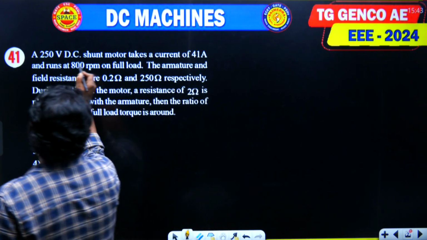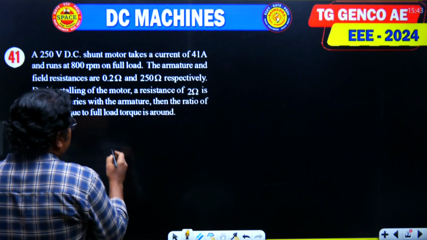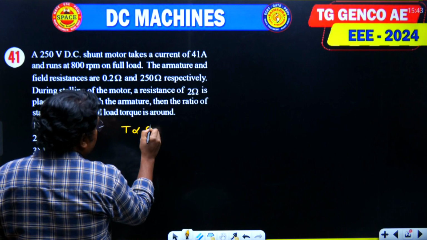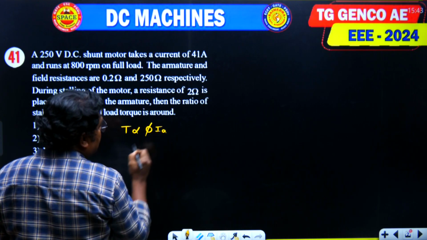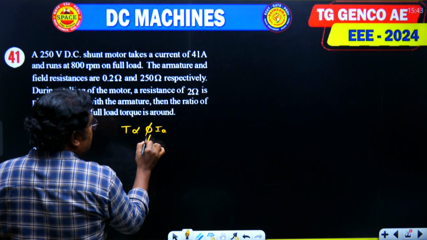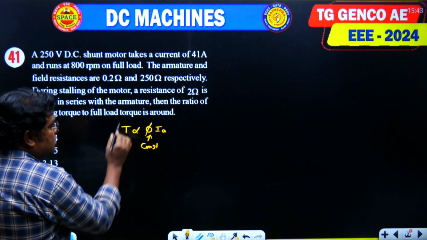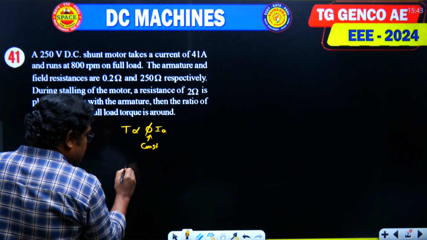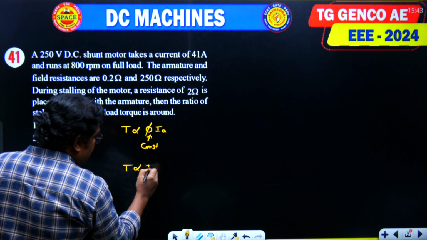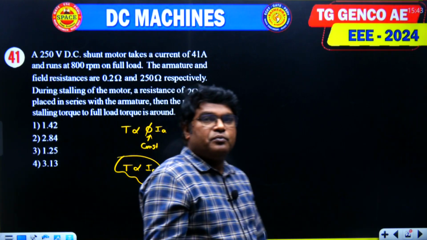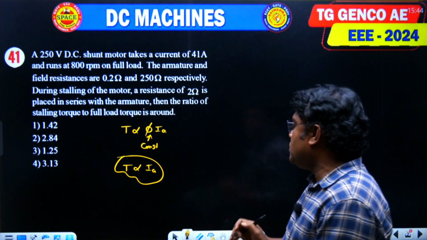Given the 250 volts DC shunt motor, we know that torque is directly proportional to the flux and armature current. In the DC shunt motor, flux is constant. So the torque is directly proportional to the armature current. Now we require the ratio of the stalling torque to the full load torque.